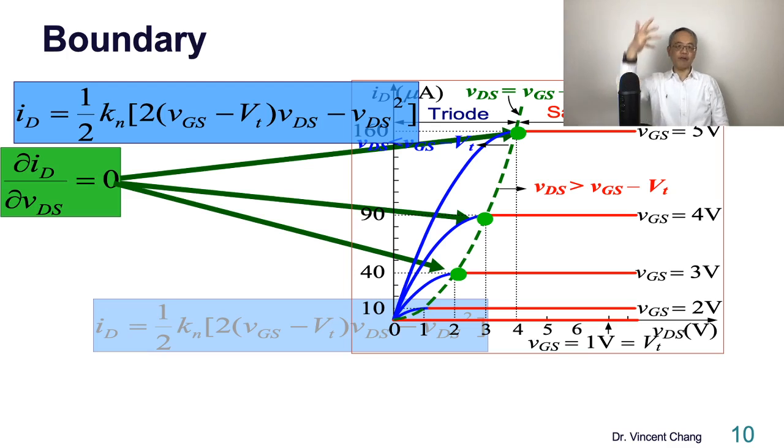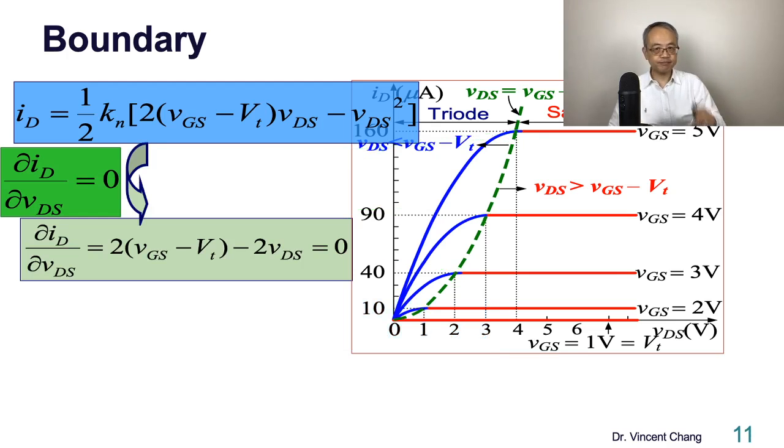For this type of parabola, you can try to find the maximum point, the peak point. Let's take the differential: partial ID over partial VDS equals 0. Then what do you get?